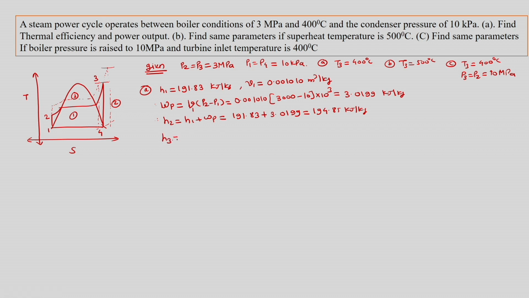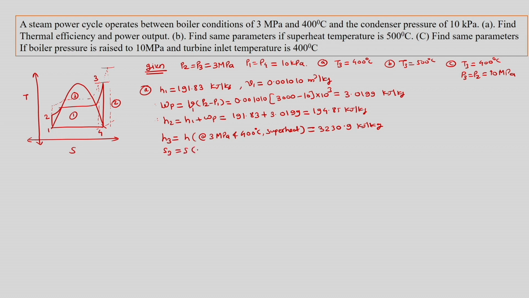So we have to go into the steam table and note down what is H3. At 3 megapascal and 400 degrees Celsius superheat condition, we have H3 as 3230.9 kilojoule per kg.